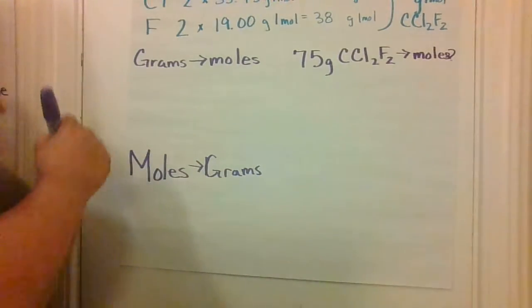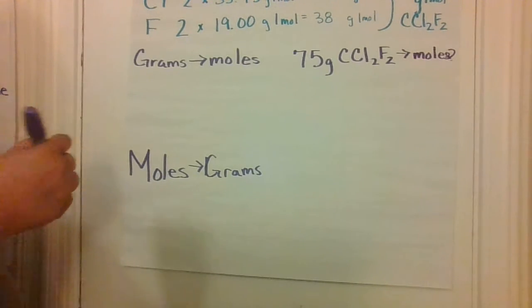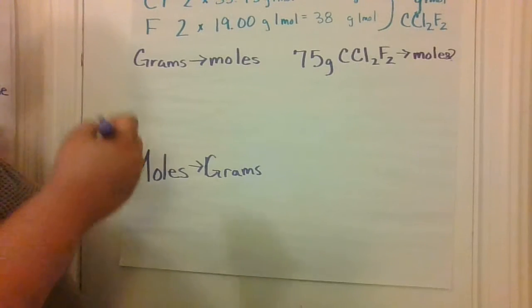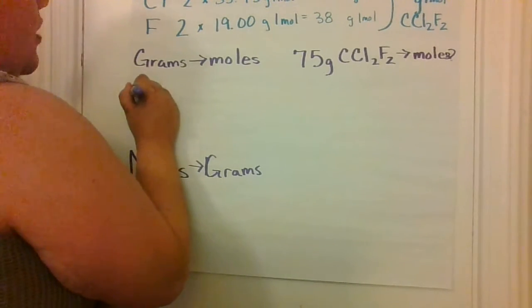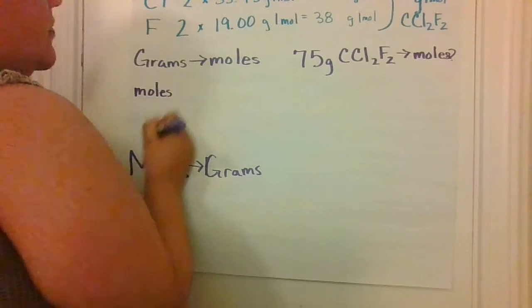In order to do that, dimensional analysis allows us to set our problems up in terms of what we need in reference to what we know and what we have. We'll first start on the far left. We're going to write moles.